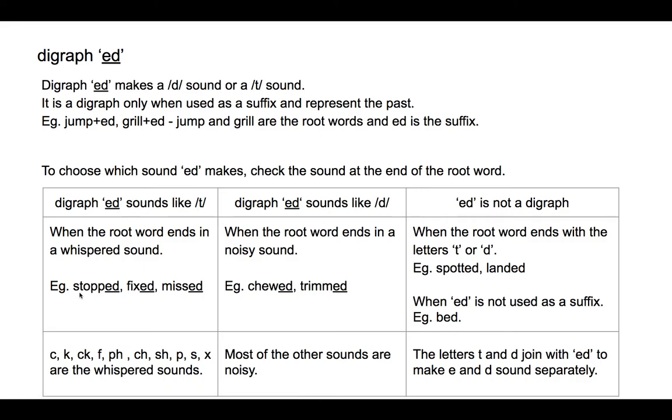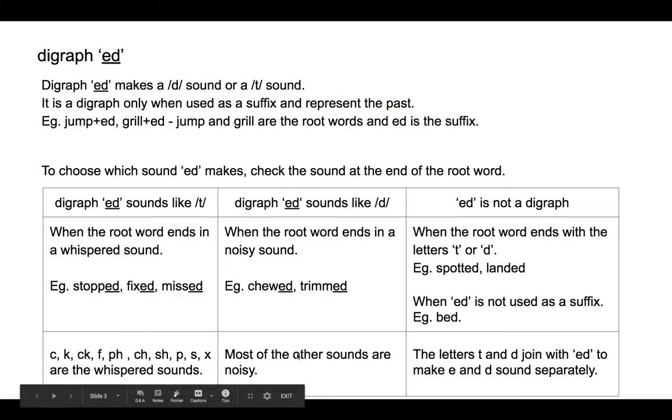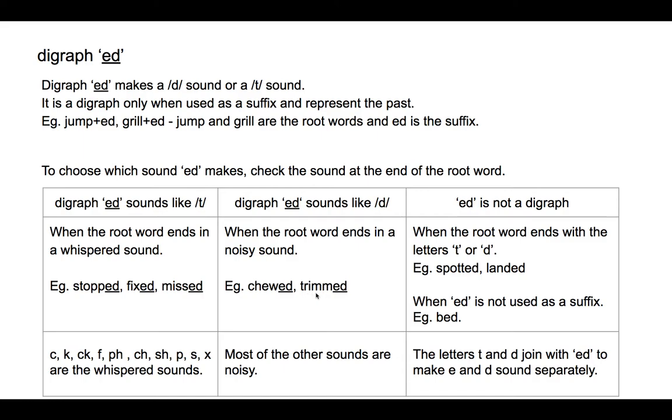For example, stopped, fixed, missed. The digraph ed will sound like d when the root word ends in a noisy sound. Most of the other sounds are noisy. For example, chewed, trimmed.